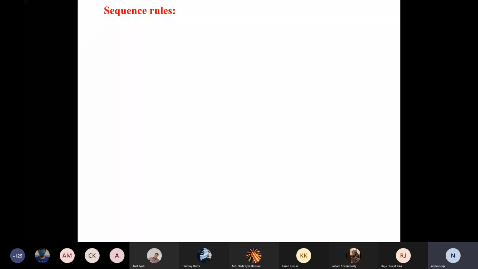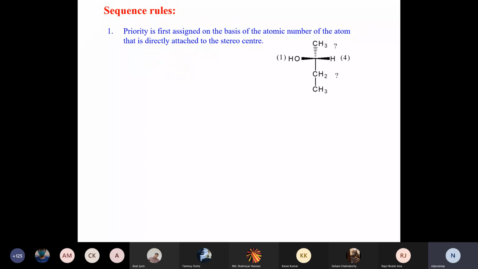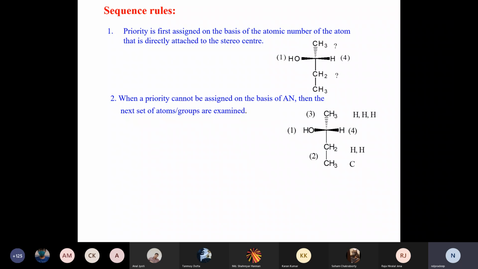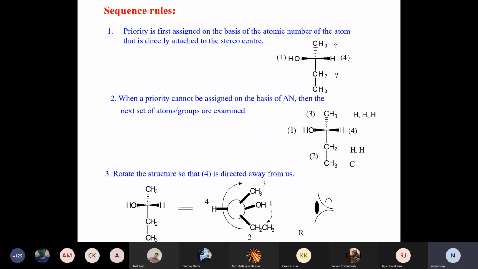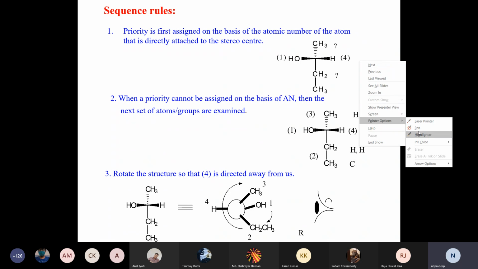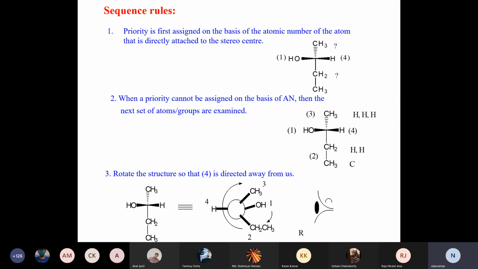Now for R and S, we can look into the sequence rule, which is by Cahn, Ingold and Prelog. I know that you guys know the rules pretty well, so there is no need for a detailed definition, but anyhow I will just remind you again. The rule says that you assign numbers to the substituents or groups based on the atomic number.